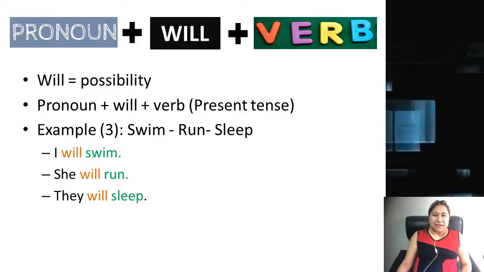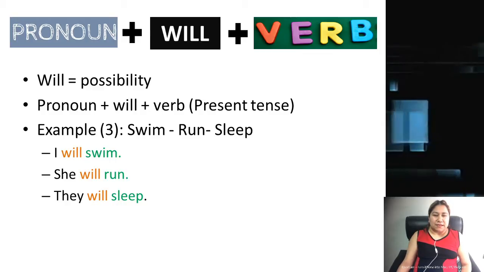In this case, you have to consider the following structure that I'm going to show you. Pronoun plus auxiliary will plus verb in simple present. Remember, as I mentioned before, the verb and the sentence will be like this.